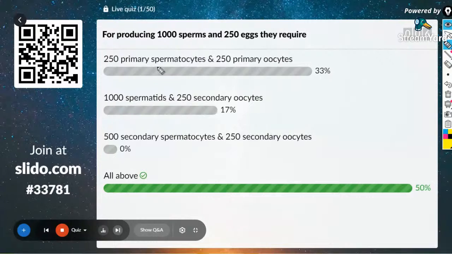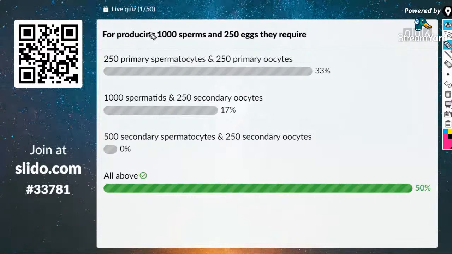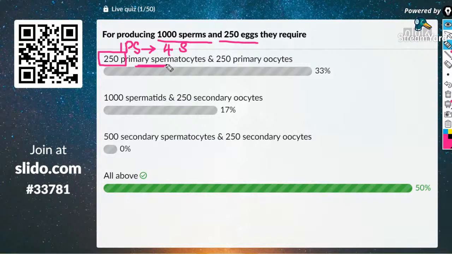Look, 1,000 sperms, 250 eggs, one primary spermatocyte produces how many? How many? 4 sperms. Exactly, 250 primary spermatocytes produces 1,000 sperms. 250 primary oocyte produces 250 egg.